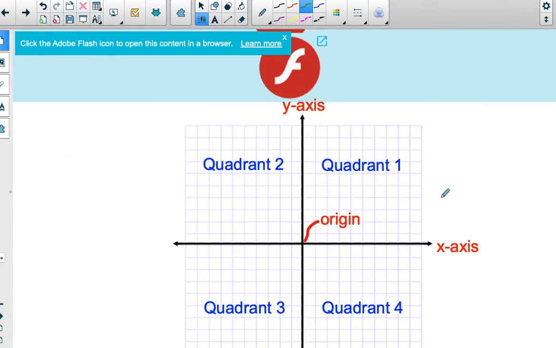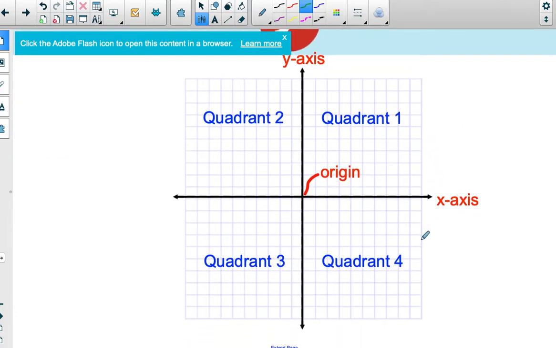So quadrant 1, quadrant 2, quadrant 3, quadrant 4. Don't memorize which ones they are. I'm never going to test you to say, well, what is this quadrant? Just know that there are quadrants. When we get into here, we have positive x values and positive y values.